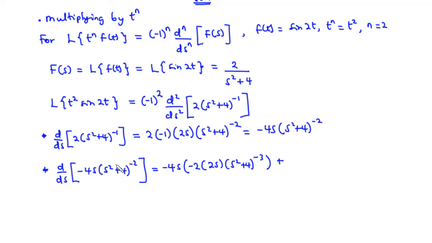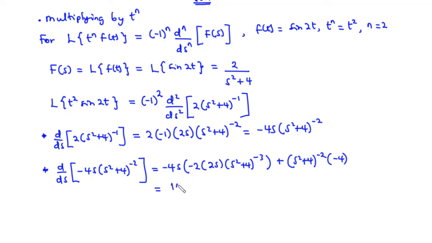Plus, we hold this, that is (s squared plus 4) all to the power negative 2, and then we differentiate that, we have negative 4. So we are going to multiply constants across. So here we have negative, negative, positive. 4s times 2 is 8s times 2, 16s times s, 16s squared.